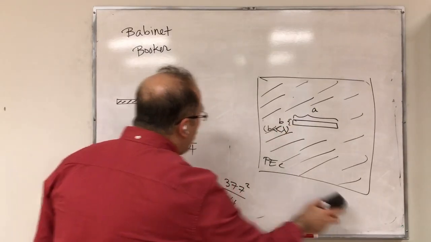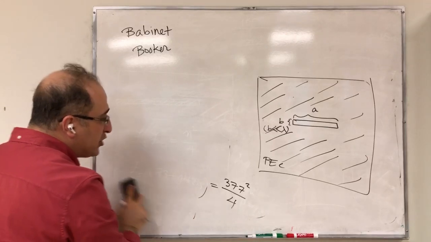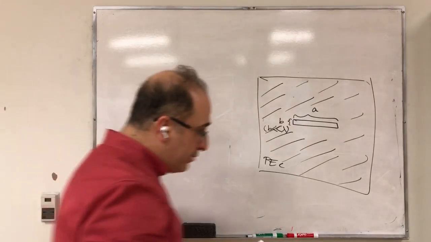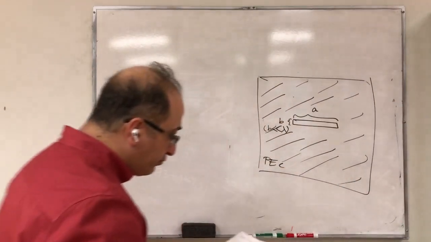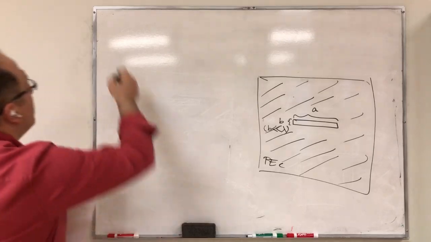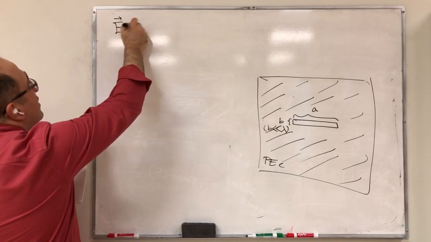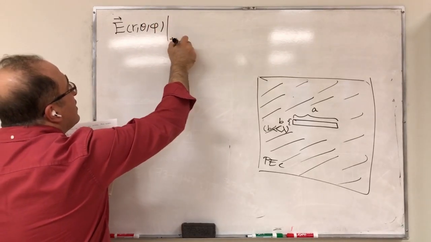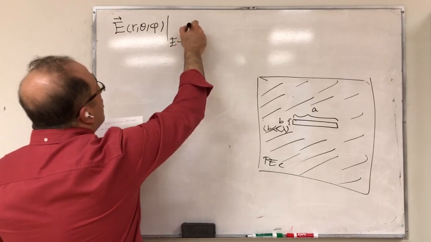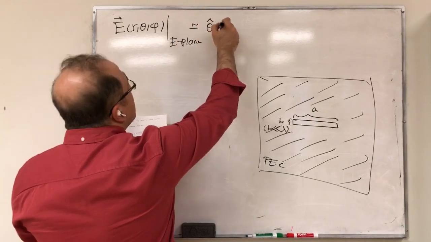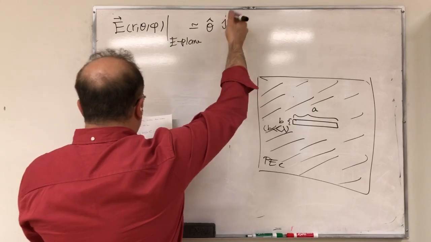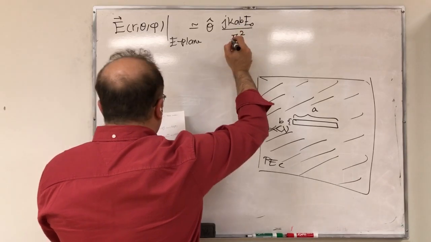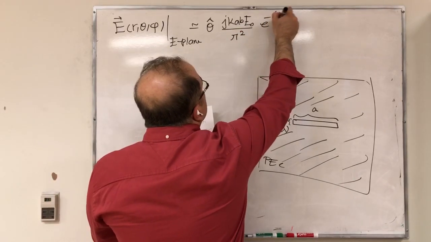Now we've already seen the E plane and H plane for an arbitrary A and B in this lecture. So I have them here. So I'm just going to write them. So remember, we had our E as r, theta, and phi in the E plane to be equal to theta hat j k A B, or k naught if you desire, E naught divided by pi, squared, e to the power of minus jkr.